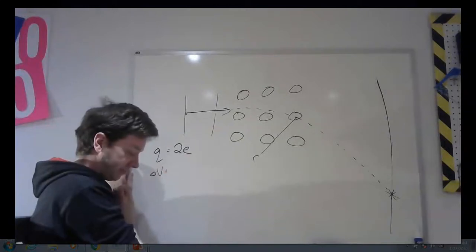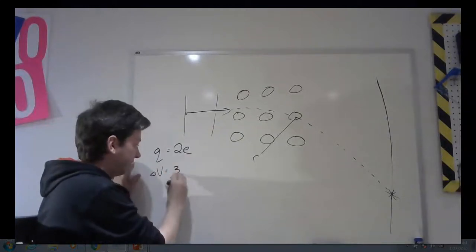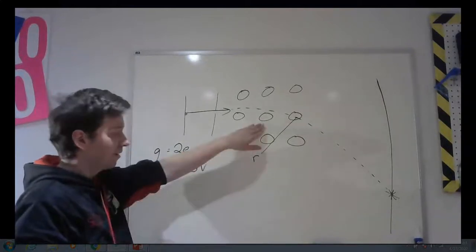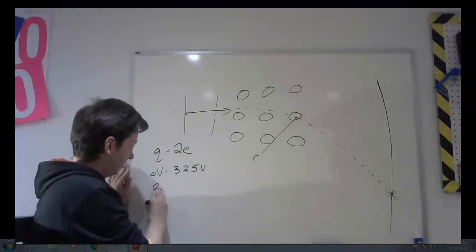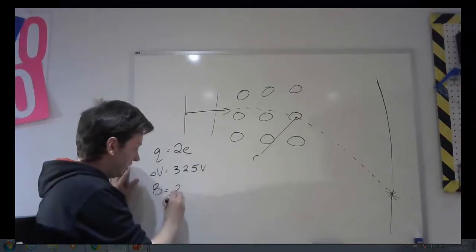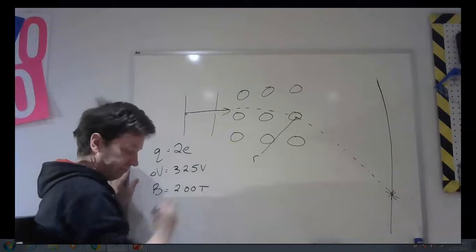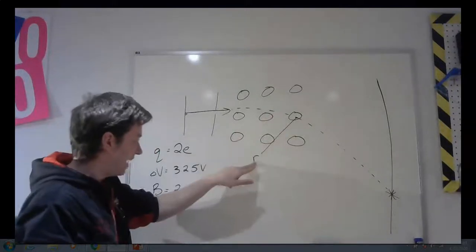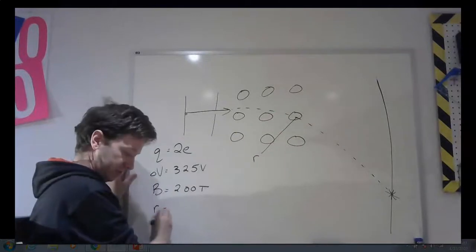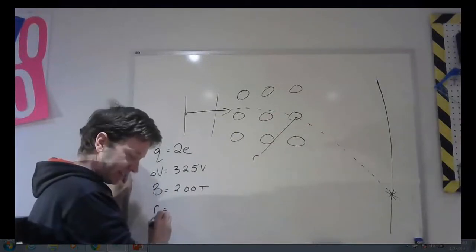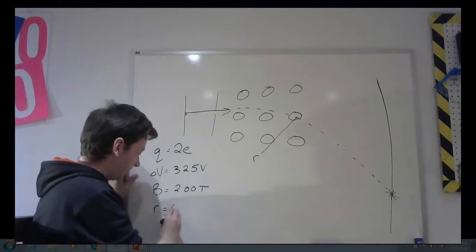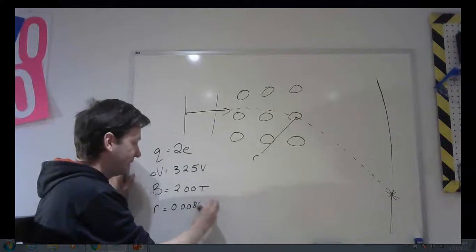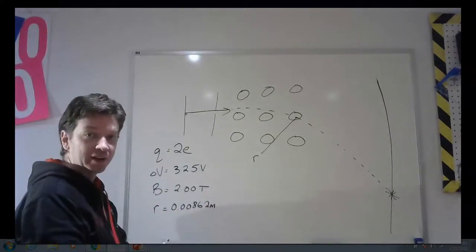The potential difference is 325 volts into a uniform magnetic field here, B, which is 2 teslas. And then it undergoes a curved path of radius 0.862 centimeters. So let's change that to 0.00862 meters. Okay, so that's what we know.